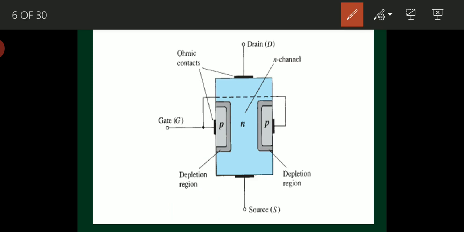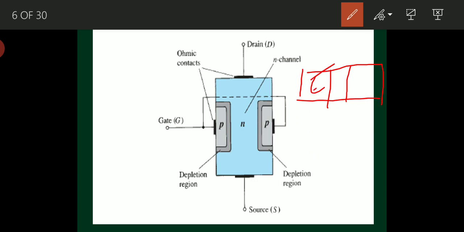Now I have to draw the characteristics of this FET. Another thing in FET is this: in BJT, this is emitter, this is base, this is collector.